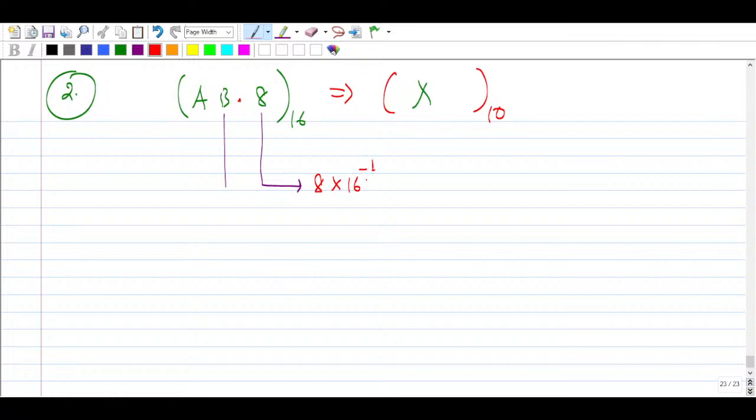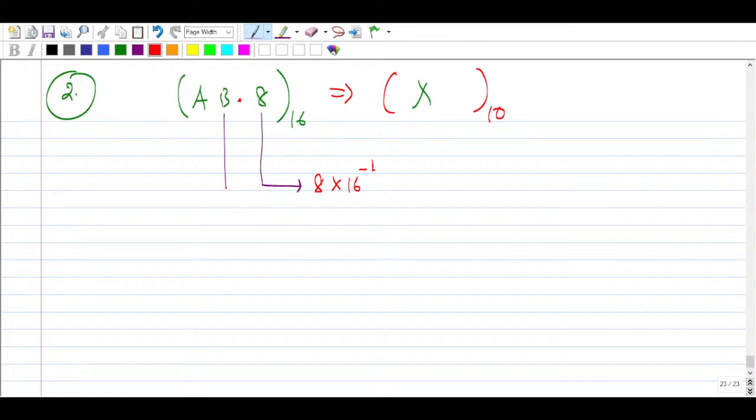Don't start with 0, because it is right after the radix point. For the fractional part you have to take the base to negative powers, base to negative exponent. I hope this makes sense.